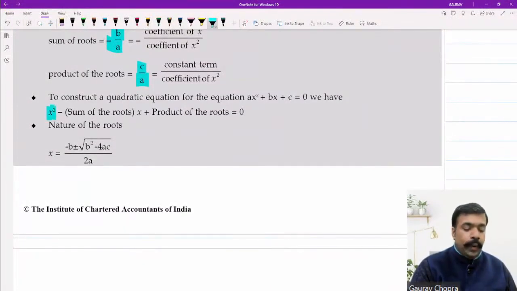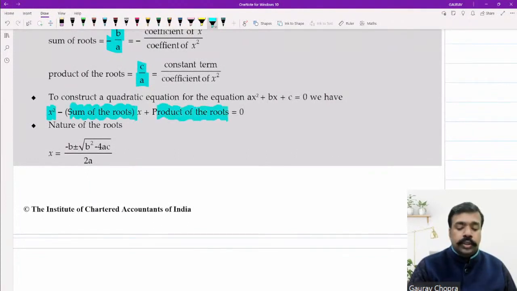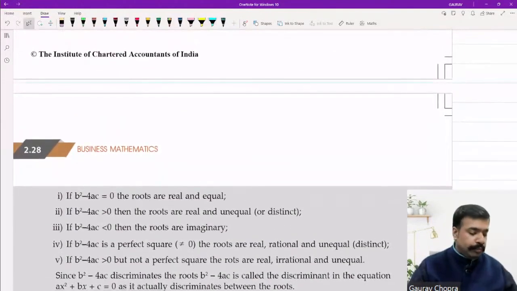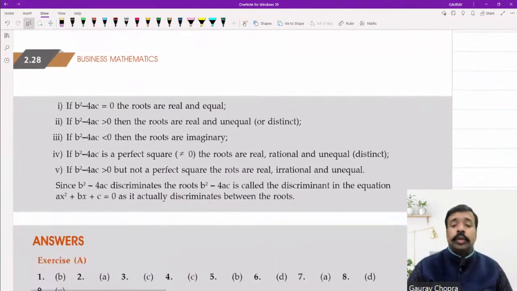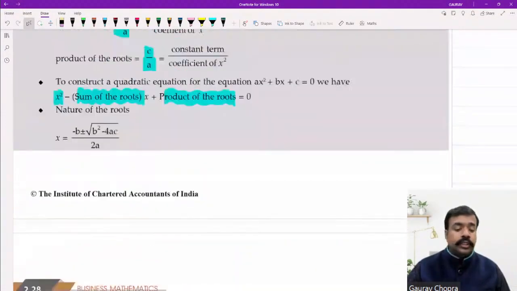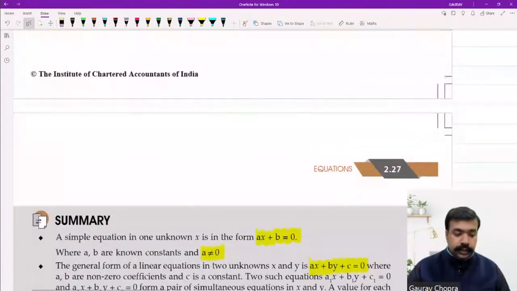It will be x square minus sum of roots x plus product of roots is equal to 0. All right. Then we discussed the roots, like when the discriminant is equal to 0, less than 0, more than 0, whether the roots are real, equal, rational, or irrational. So we have discussed all the different varieties. All right.